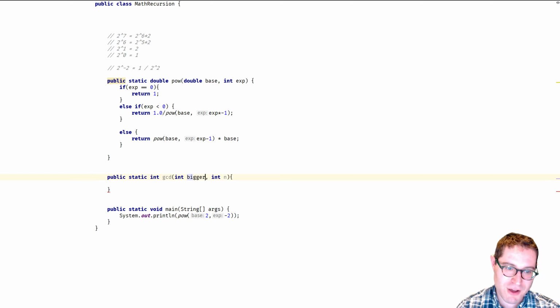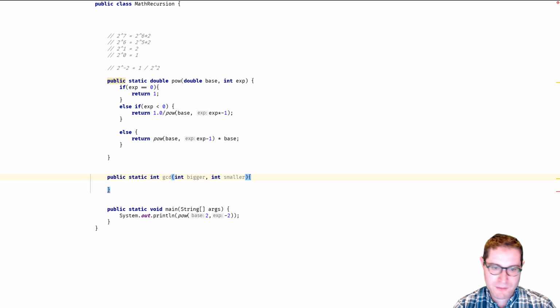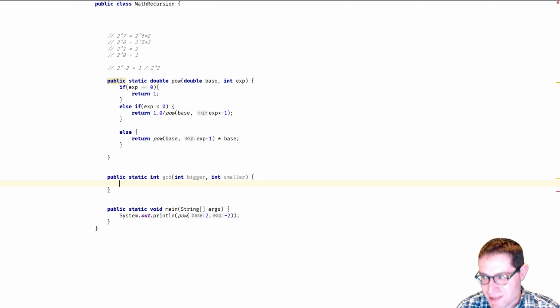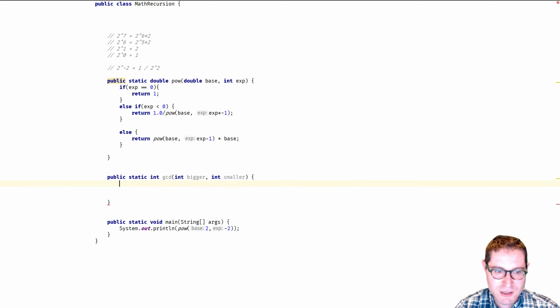So we're just going to call them bigger and smaller, right? And the other thing that we should probably do is enforce that bigger is always the bigger number and smaller is the smaller number, which is actually fairly easy to do, right?